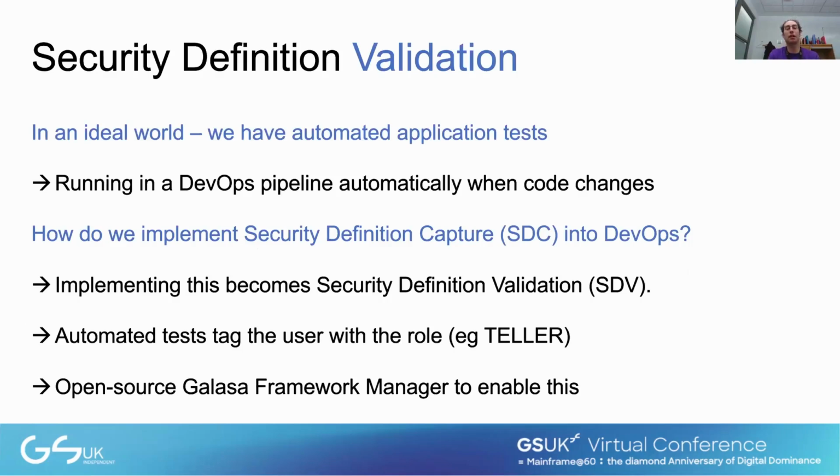So the aim here is, in an ideal world, we'd have automated tests, and things would be running in a DevOps pipeline, and you'd have your code being delivered, run through there, automatically run tests, and get merged in and distributed if everything is successful.